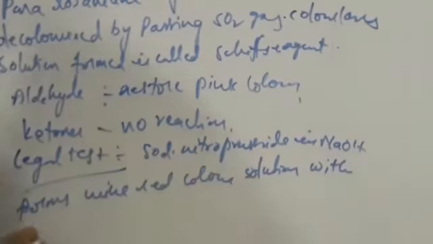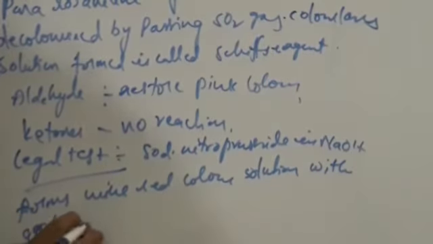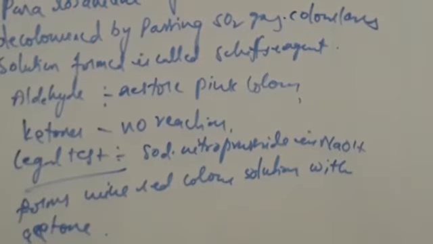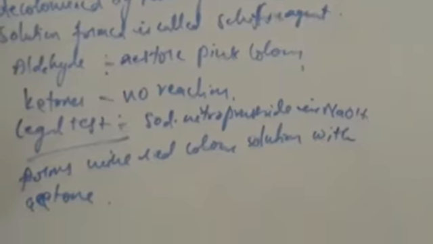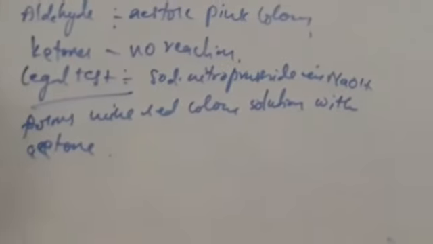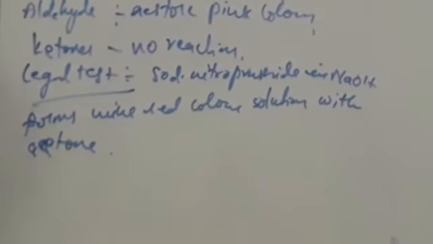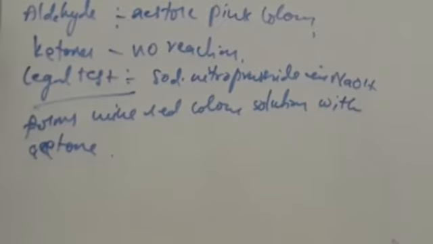This is the test for ketone. With the addition of legal reagent, acetone forms a wine red color solution. So all these are different identification tests for aldehydes and ketones.